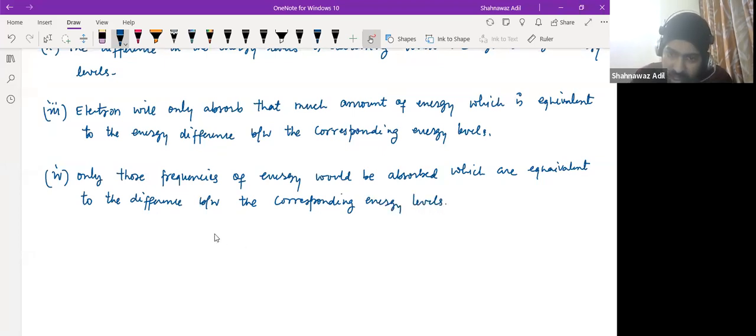Right. So let's say it is going from n equals n1 to n2, right?